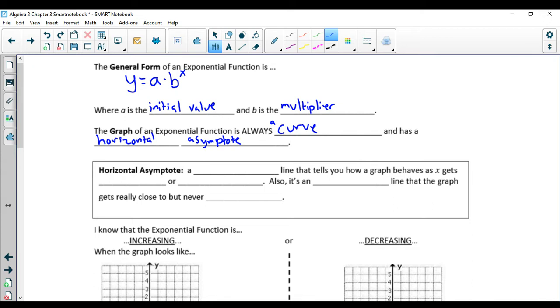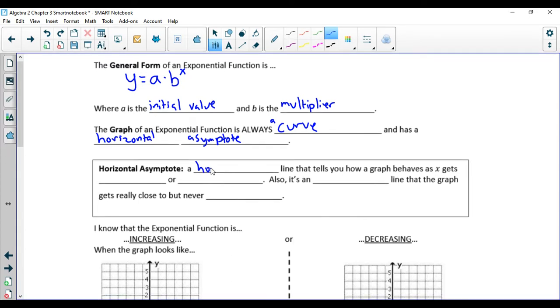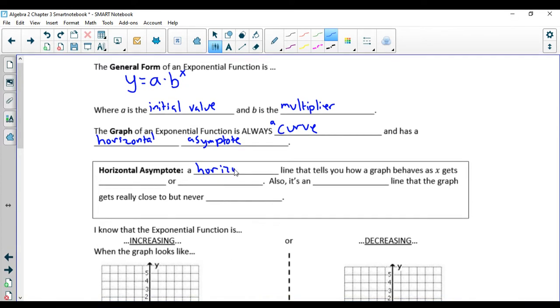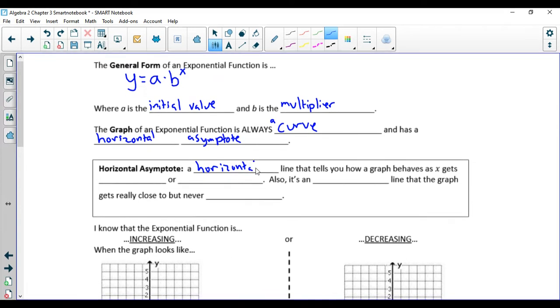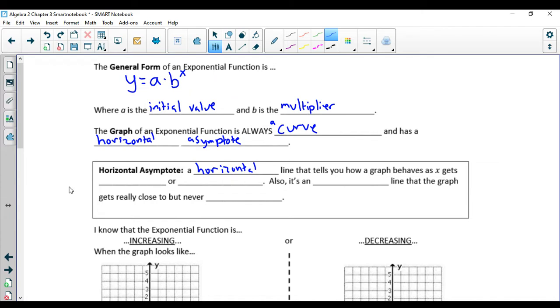So a horizontal asymptote is a horizontal line that tells you how a graph behaves as x gets larger or smaller.